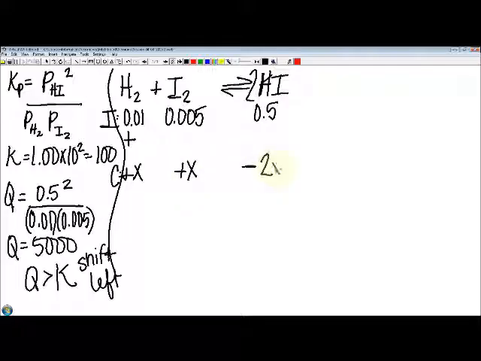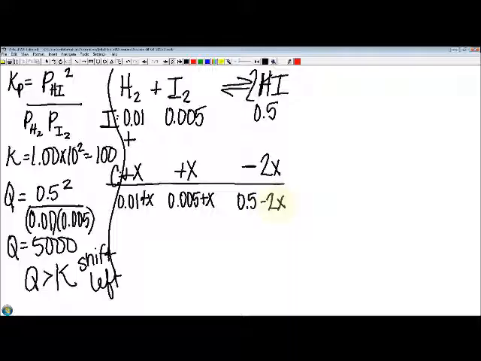So that means we're minus 2X because of the 2 in front of HI. So to find our equilibrium concentrations, we need to take 0.01 plus X and 0.005 plus X and 0.5 minus 2X.